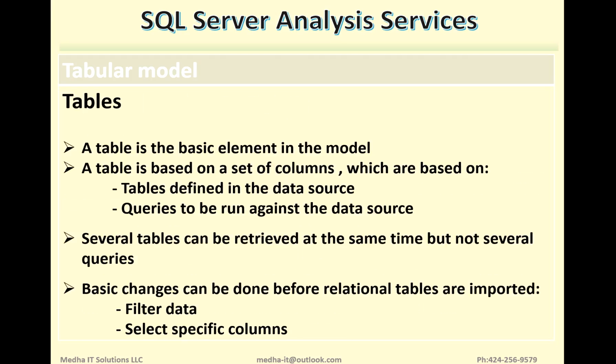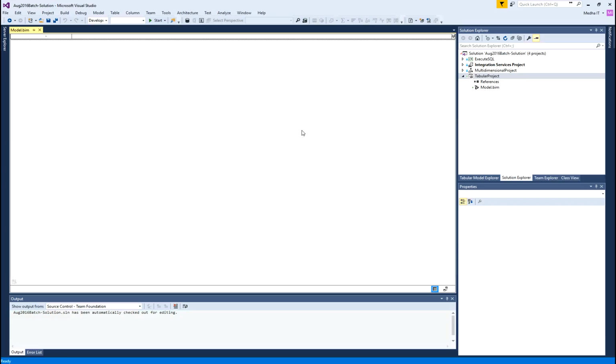And we will try to import some tables. As it was saying here, tables can be imported directly as defined in the data source, or we can run queries. So, if I need to import a table, first I need to create a connection to the source server, the source being our SQL Server.